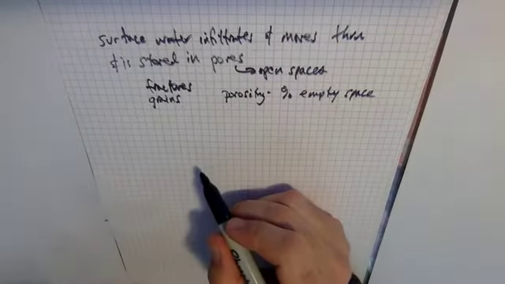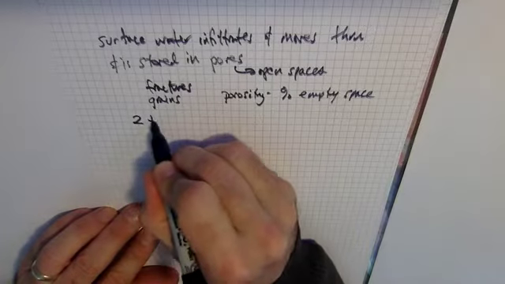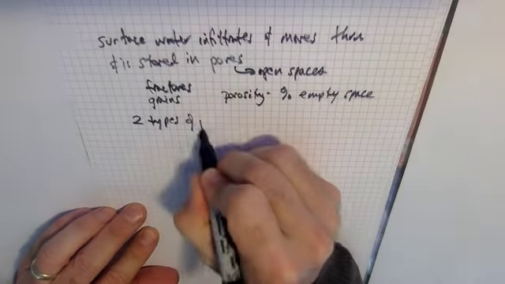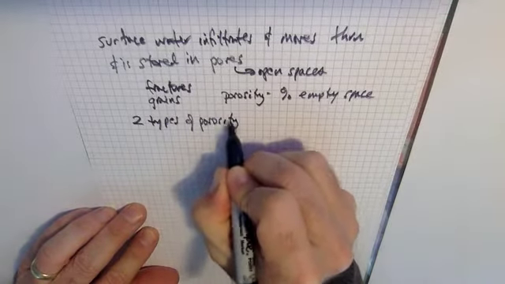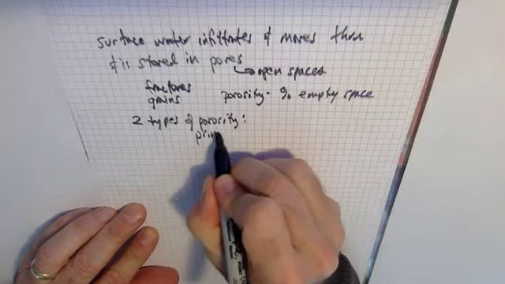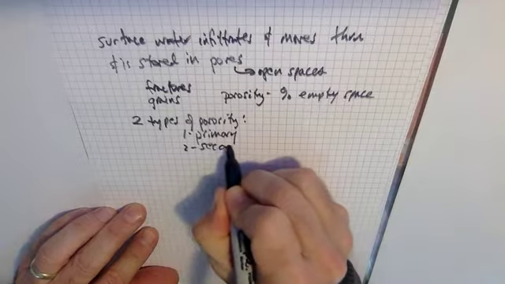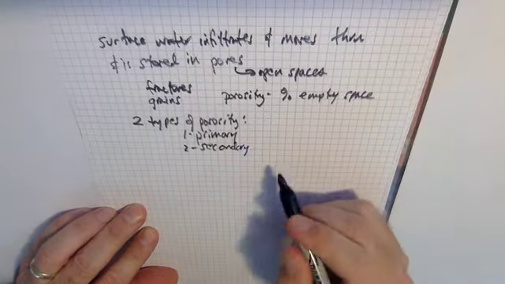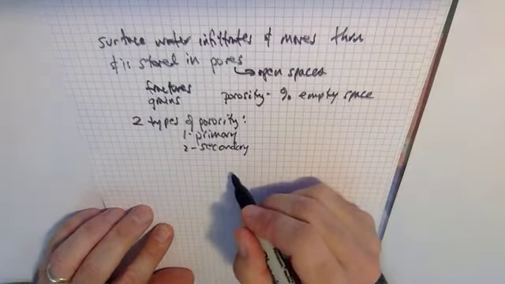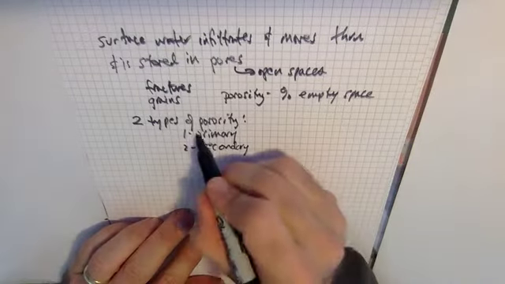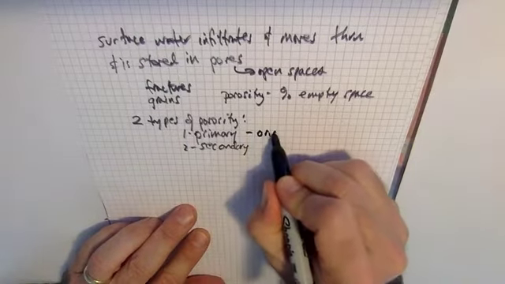We refer to two types of porosity, and these are primary and secondary. So primary porosity is the porosity that exists when the rocks originally form. It's original to the rock.